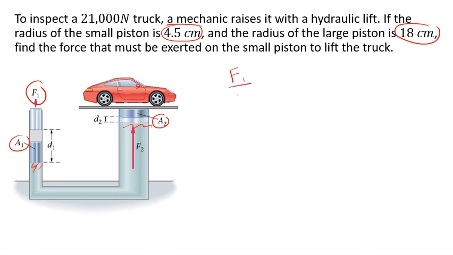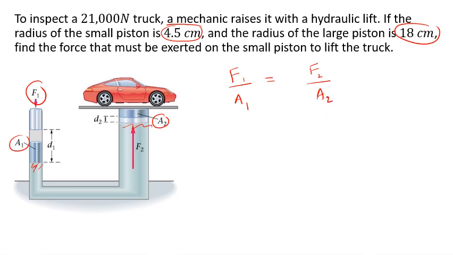So let's say the pressure applied on the smaller end is equal to F1 over A1, and that is equal to the pressure created, the same pressure on the other end, that is F2 over A2.